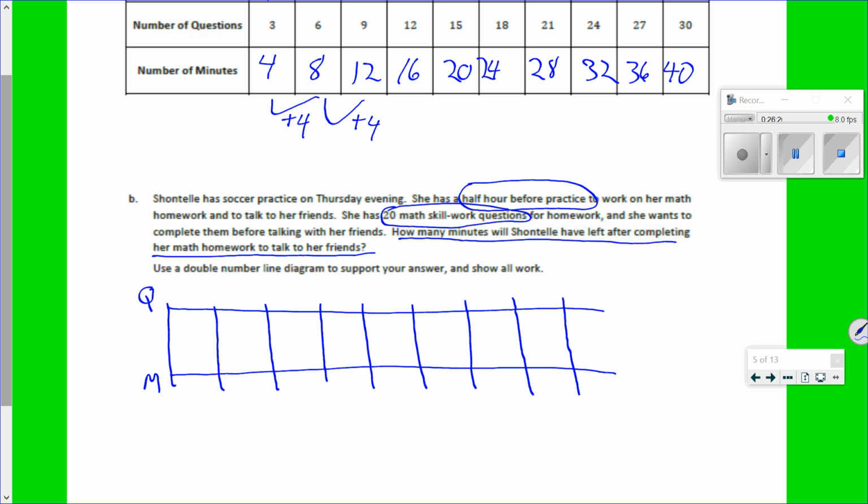Now, of course, we have to define these so people know what we're talking about. So we can say Q equals number of questions and M equals number of minutes.